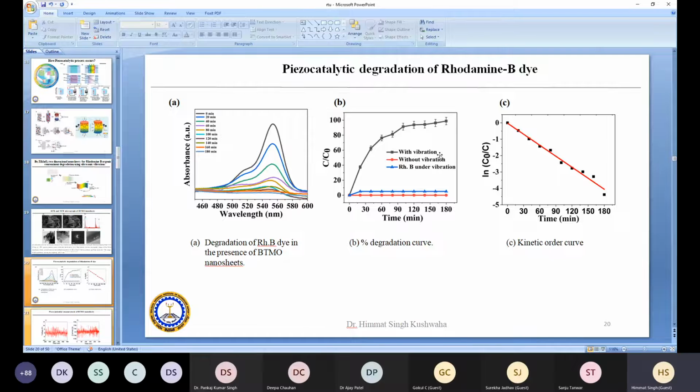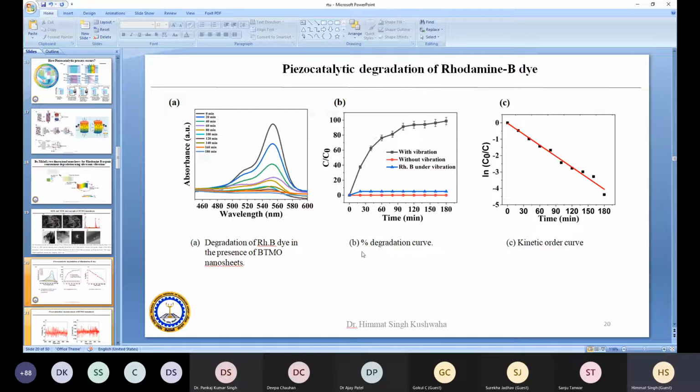These are the piezocatalytic degradation data of rhodamine B using these BTMO nanosheets. You can see in this curve the signature peak of rhodamine B is significantly degraded when we apply the force over these nanosheets using ultrasonic vibrations, and due to the generation of this piezoelectric charge, the rhodamine B degraded significantly.